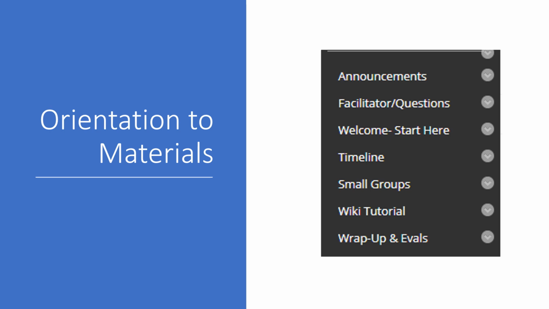You're going to be also wanting to look at the wiki tutorial. You're going to be working in a wiki, which is very similar to Google Docs, and that tutorial will help explain how that functions. And then finally, you'll be working in the wiki and completing some evaluations at the very end.